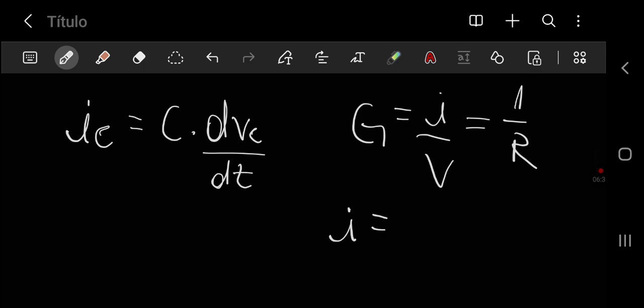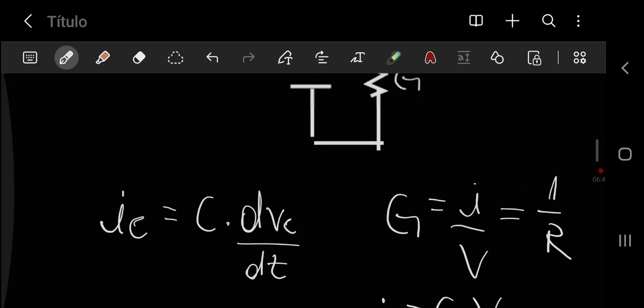And working the algebra, we can rewrite it this way.